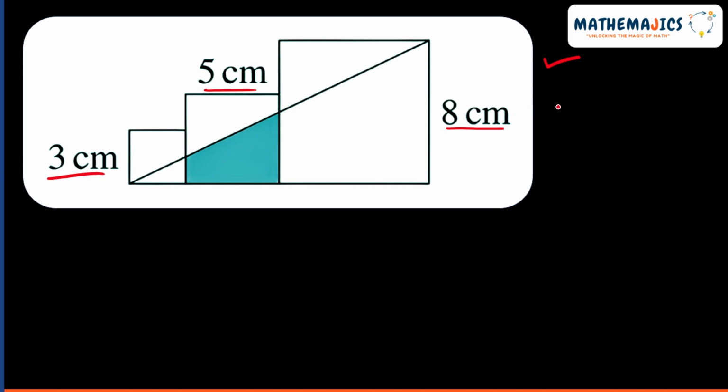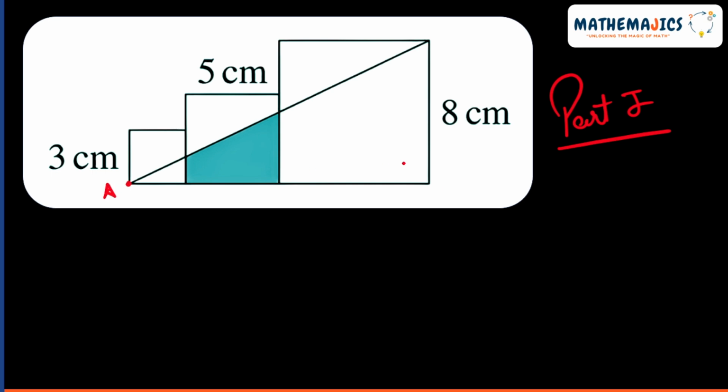We will be solving this question in three parts. Let's see what is the first part of the solution. In first part, we will be proving three triangles similar to each other. Which are these three triangles? For that, we will be labeling the figure first.